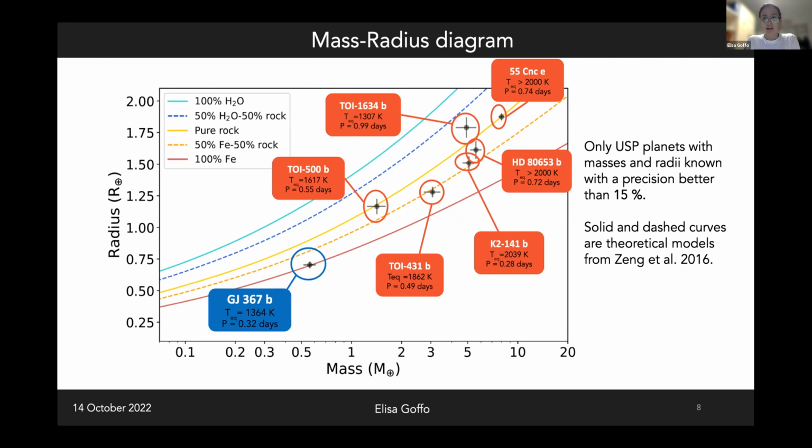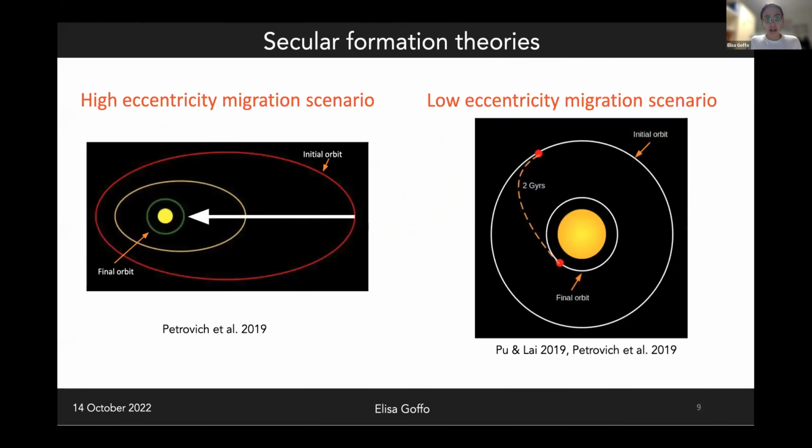But we still don't know how these planets reach their current short orbits. So there are some secular formation theories: the high-eccentricity migration scenario and the low-eccentricity migration scenario. In one case, for the high-eccentricity migration scenario, we considered the presence of an outer planet with an orbital period of about 10 days.